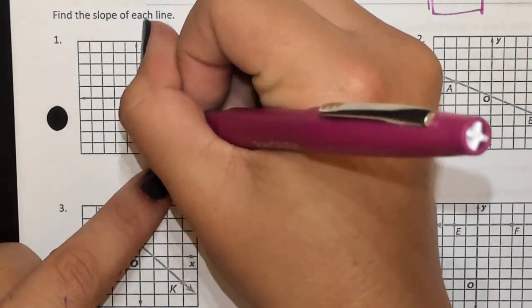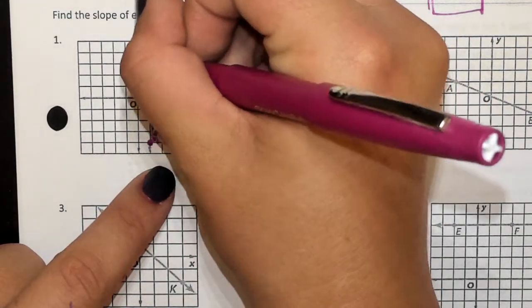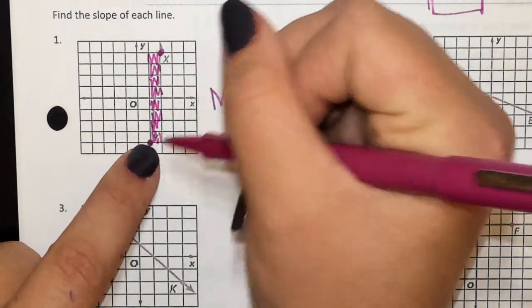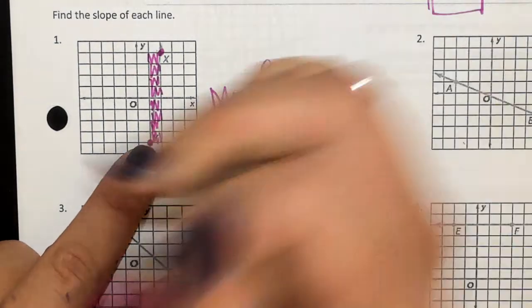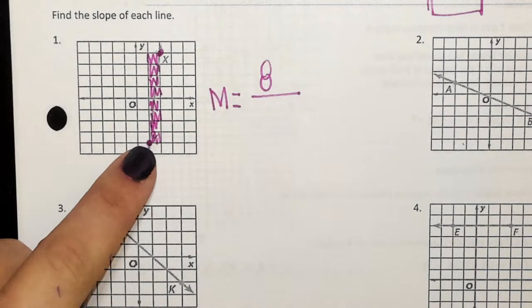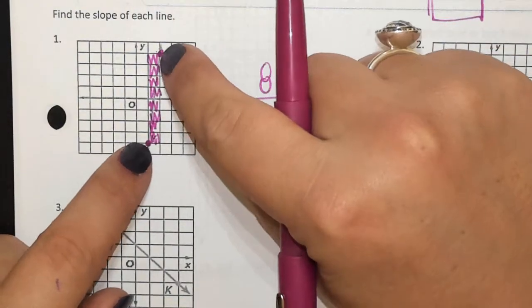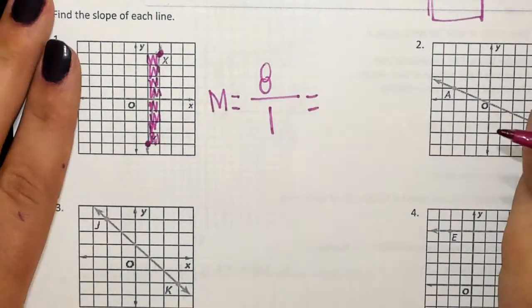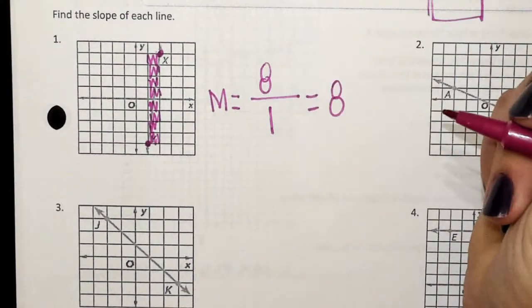So I see 1, 2, 3, 4, 5, 6, 7, 8. 8 boxes from the point up to the other point. So your rise, how much you're going up, is 8. Now your run is how far you're going side to side. So how many boxes are from point to point? 1. Good. So when you simplify this, what's your slope? 8. Good job.